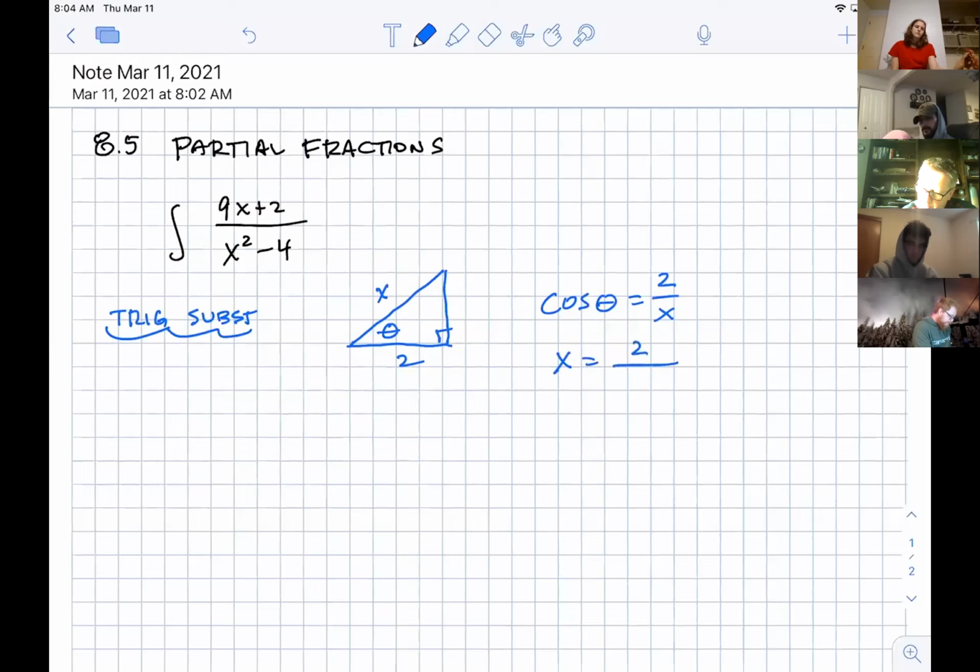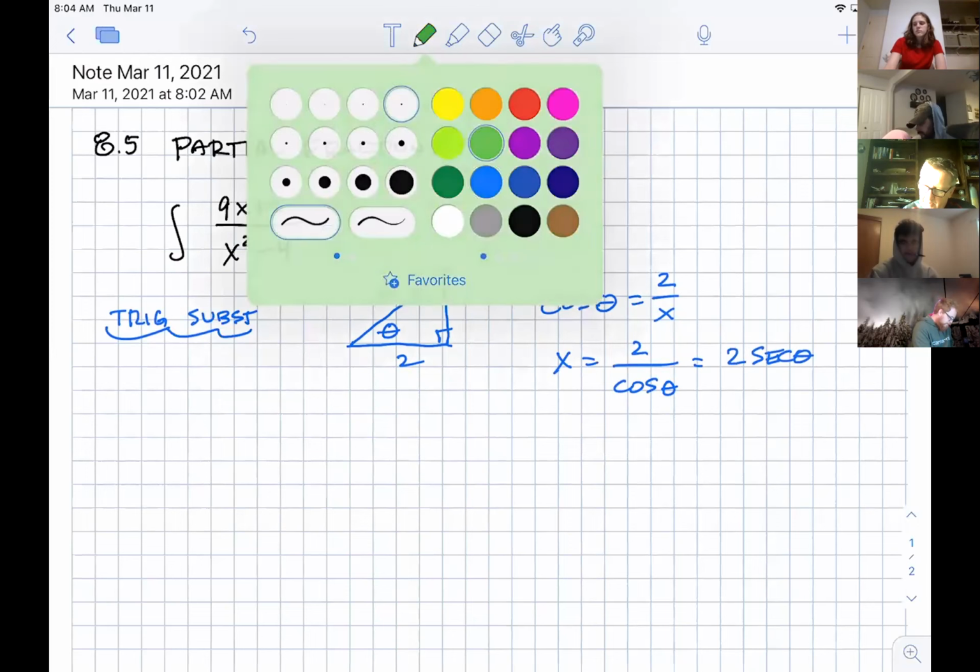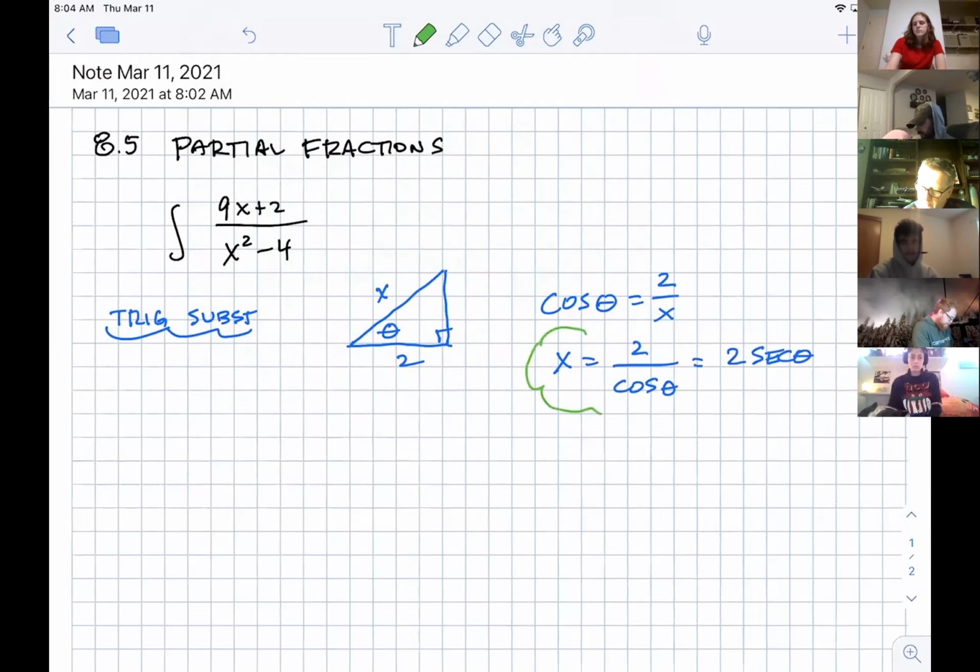So I'd either have 2 over the cosine, which I like because it's cosine, or 2 times the secant of theta, which I like because it doesn't have a fraction, but I don't like secant. In the language of what I said yesterday, this is kind of like your converter between the 2 worlds of x and theta.